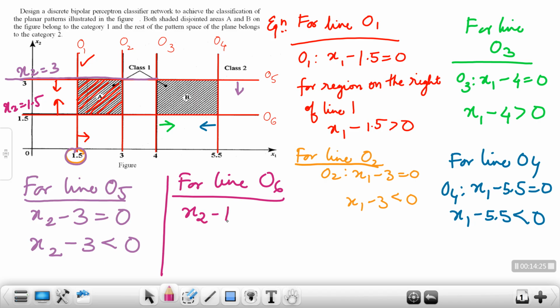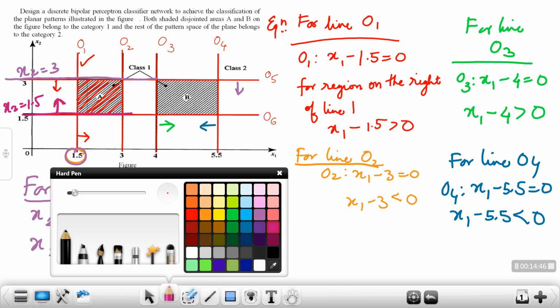So x2 minus 1.5 is equal to 0. And I am interested in the region above this particular line. So it will be x2 minus 1.5 greater than 0. This also you can verify by using a point. So finally we are left with these 6 equations.